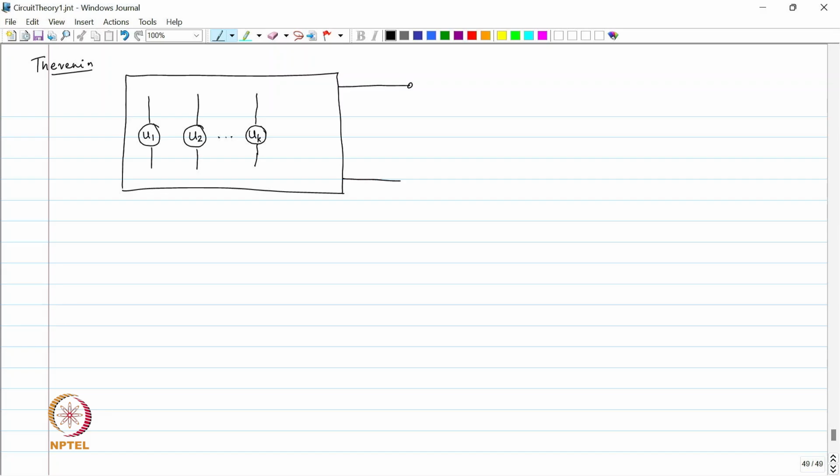I also have a port over here, right, and across this port we were planning to measure the open circuit voltage, and we were planning to push a voltage, push a current, measure the voltage, all this stuff we were thinking of doing for the Thevenin experiment. Okay. So far so good.